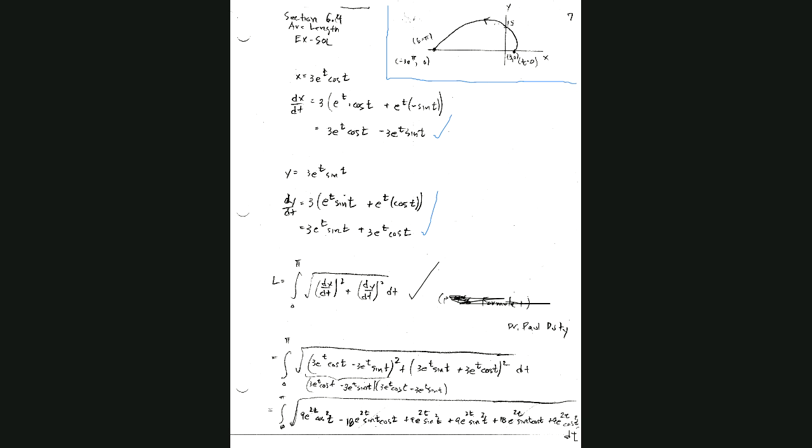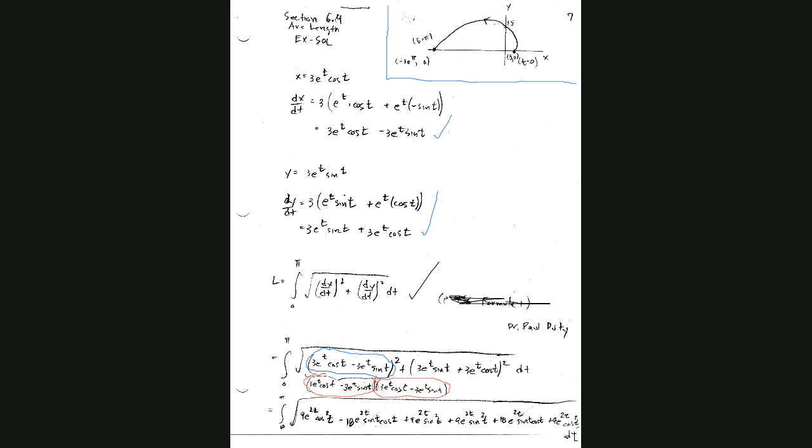And what we have to do here is, for instance, the dx dt is 3e^t cosine t minus 3e^t sine t, and we're squaring that. So of course, when you square it, it helps me to just write it out and then do FOIL.